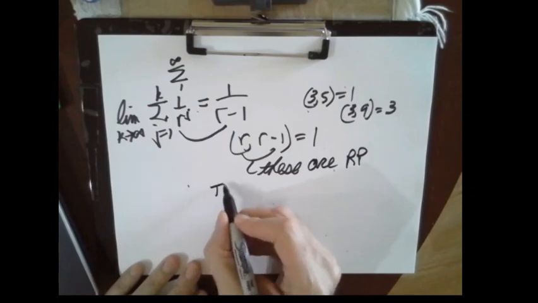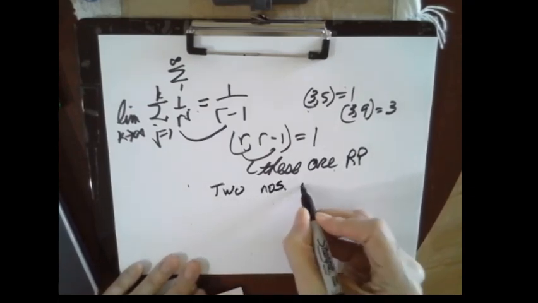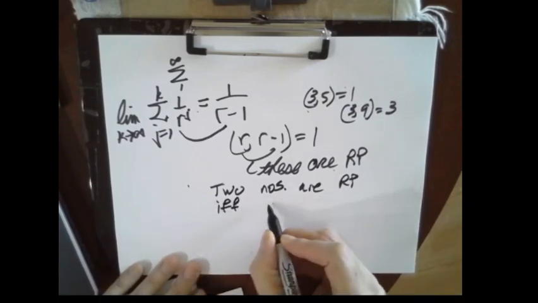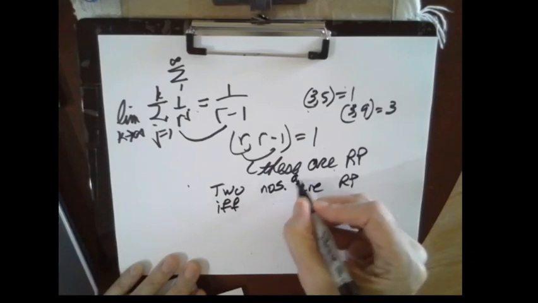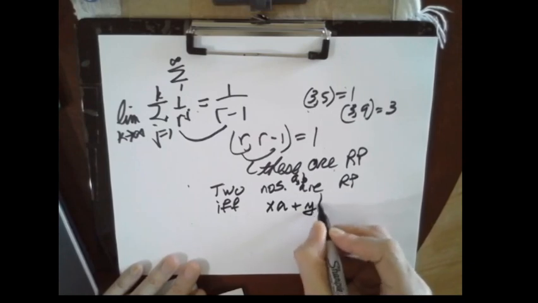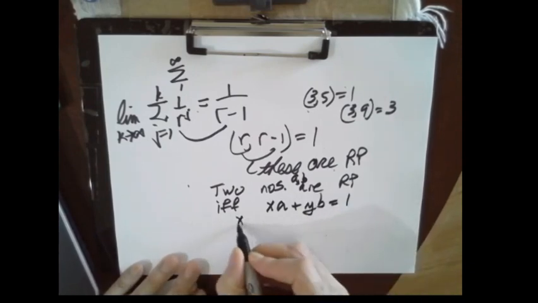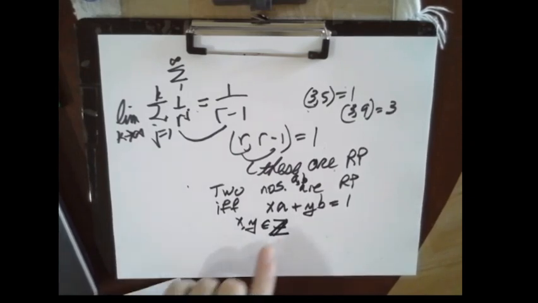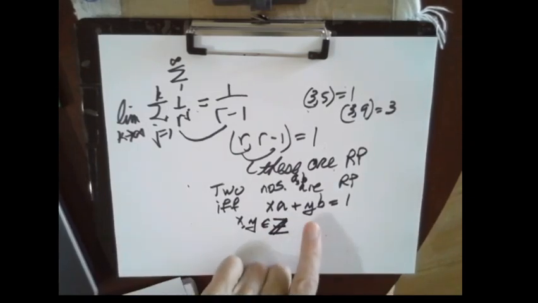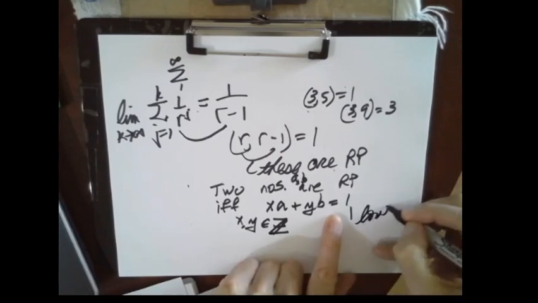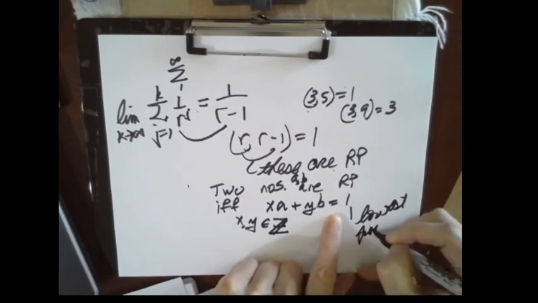Two numbers are relatively prime. I think it must be if and only if. Two numbers, let's say A, B, are relatively prime if there exists an x and a y, x and y integers, generally plus or minus integers, and you can plug these in so as to get the lowest possible.